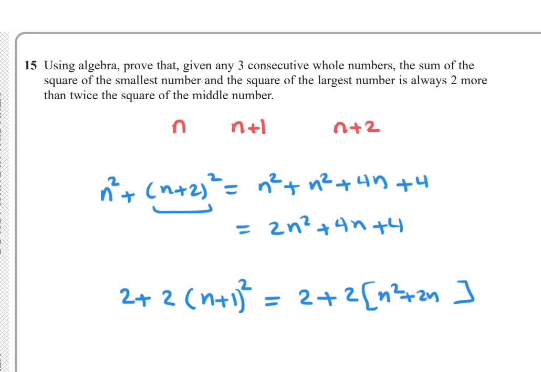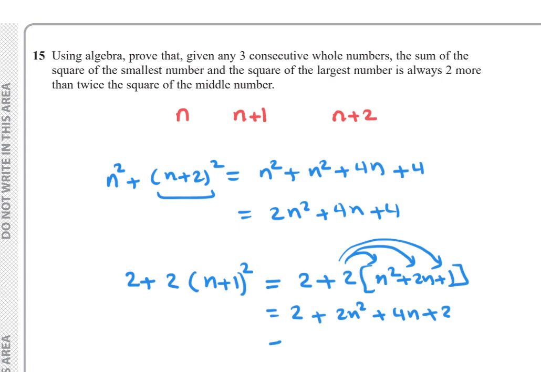And 1 times 1 equals 1. So 2 times n squared, so 2n squared. 2 times 2n, 4n. And 2 times 1 equals 2. Combine the like terms, so you have 2n squared plus 4n plus 2.